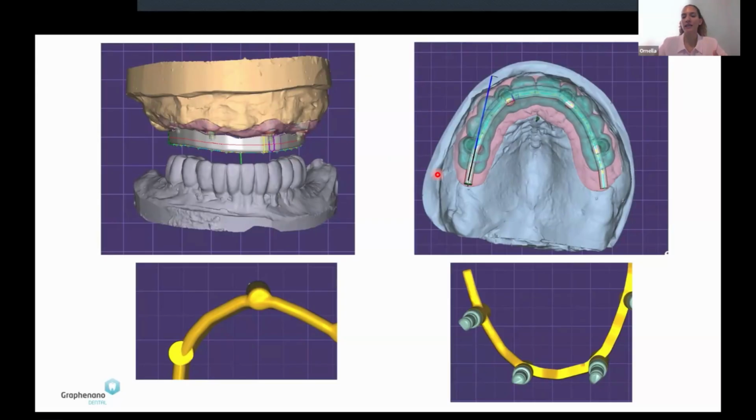Try to design the bar as much in the middle as possible of our graphene restoration also. Try to design the bar as smooth as possible, don't leave any pointing area because it could transfer stress and cause a fracture. So all rounded, without any 90 degrees, okay?